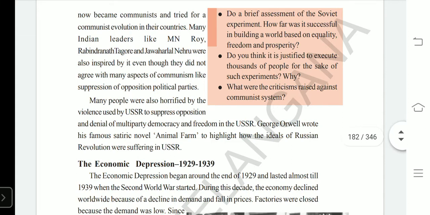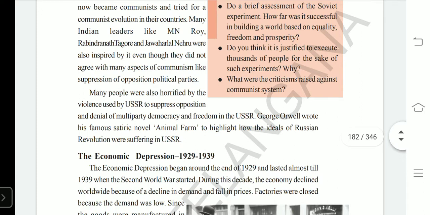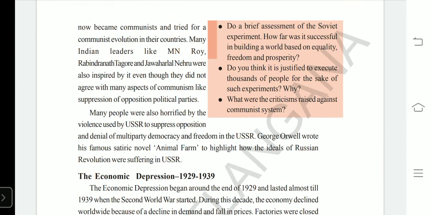That is the oppression of political parties, totalitarianism, and there is no freedom for the media. Though we do not like these ideals, we moved with some other ideas through which Russia had achieved great progress. That is, some socialistic ideas of Russia.